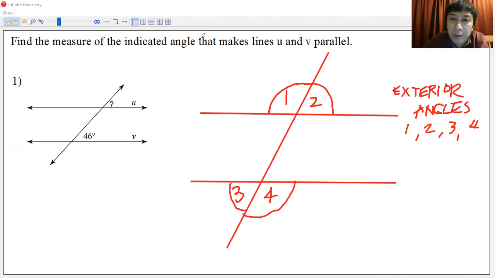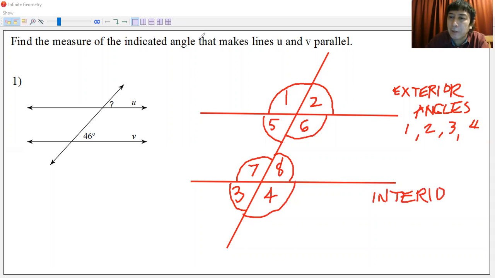We shall call them angle 5, angle 6, angle 7, and angle 8. Those are interior angles because they are bounded by the two lines. So just remember the positions of the angles. Angles 1, 2, 3, and 4 are exterior angles. Angles 5, 6, 7, 8 are interior angles.